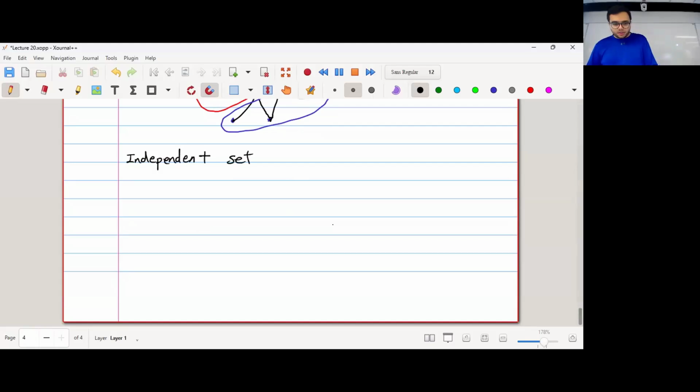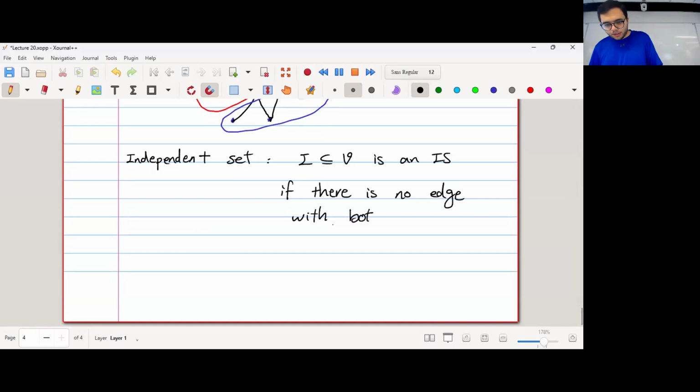A subset I of V is an independent set if there is no edge with both endpoints in I. Basically, if I only keep the vertices in I and remove all the other vertices, there would be no remaining edges.